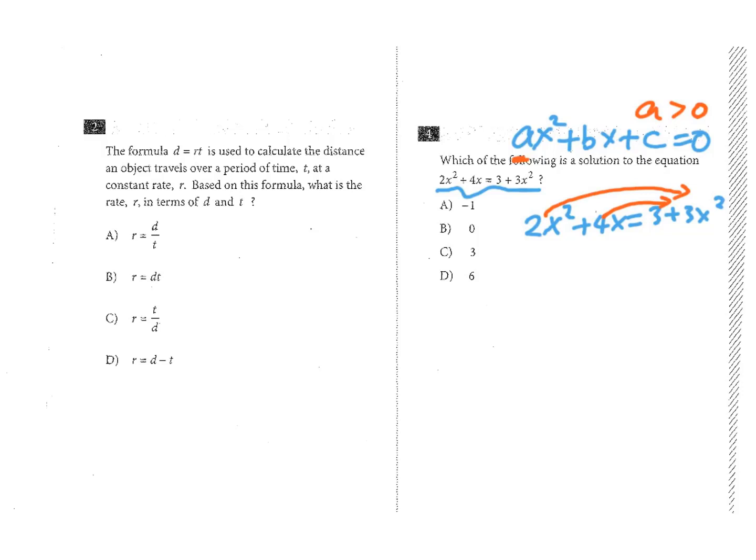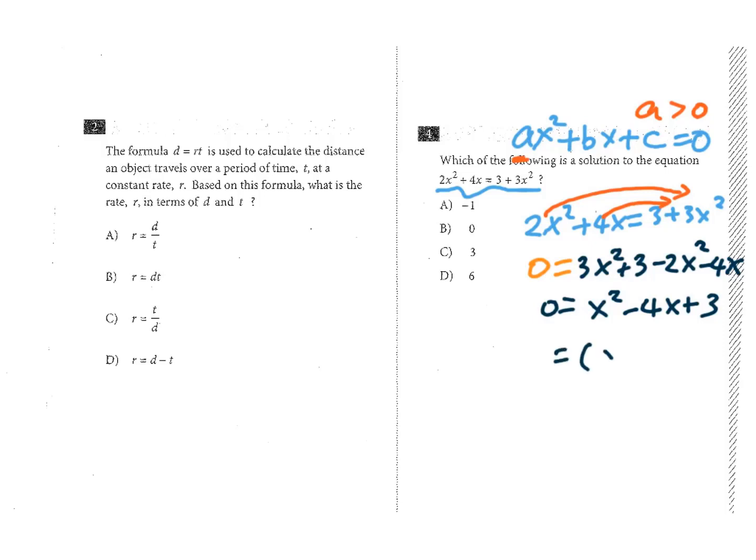In other words, you need to subtract 2x squared and 4x from both sides. So I got 3x squared plus 3 minus 2x squared minus 4x. Combine like terms, I got x squared minus 4x plus 3 equals 0. This is easy quadratic factoring. That's (x minus 3)(x minus 1). Therefore, your x1 equals 3, x2 equals 1. So your answer will be C.